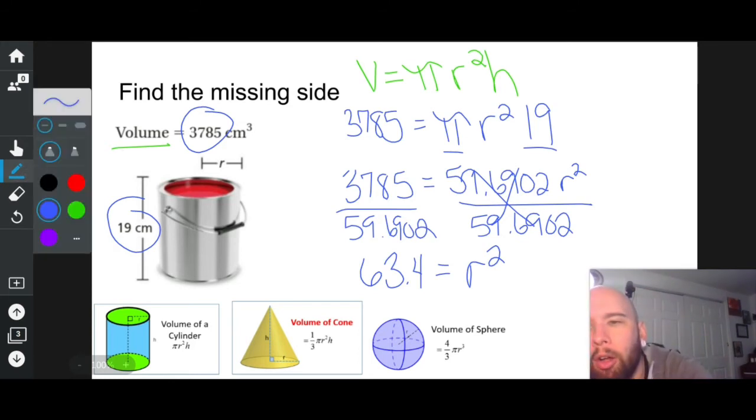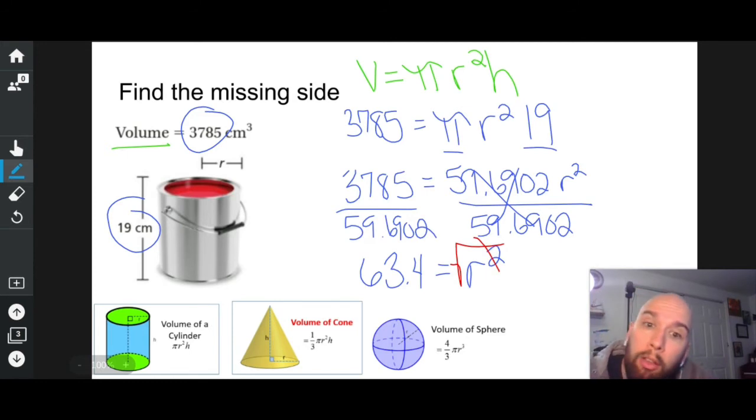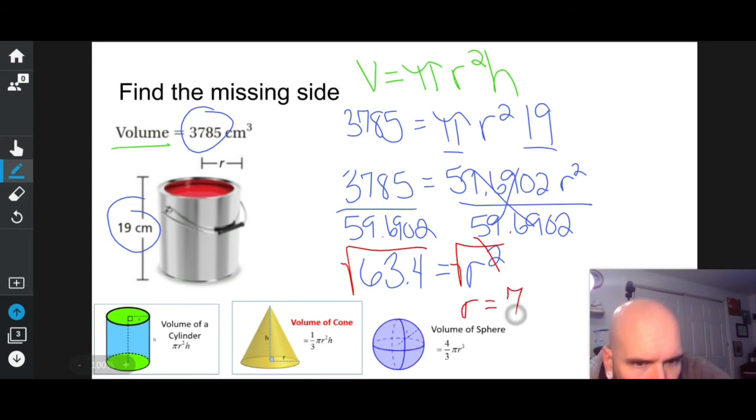So really what I ought to do is square root both sides, and that'll get rid of the square. Square root both sides, and I'm going to get something a little bit smaller than 8. What is the square root of 63.4? The square root of 63.4 is 7.96241. So I'm going to put 7.96. I could round it up to 8, but 7.96 what?